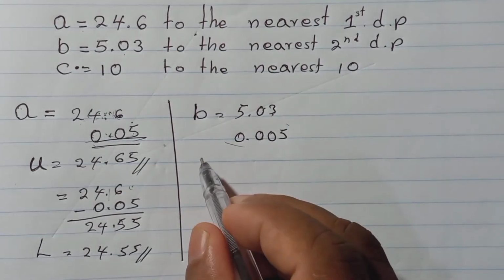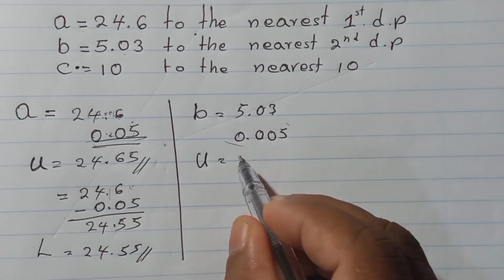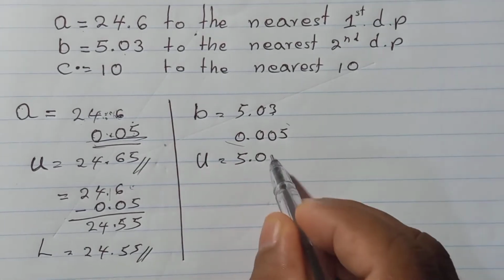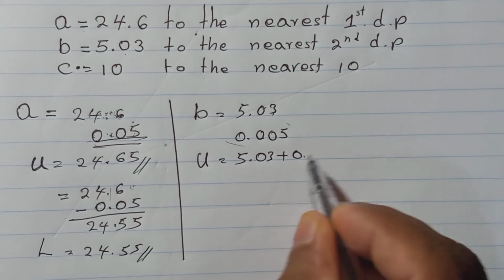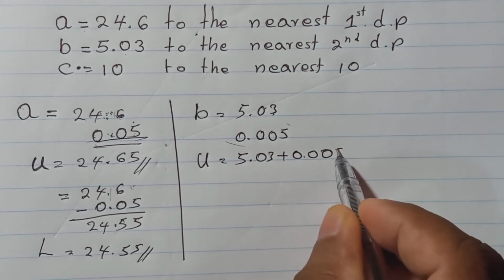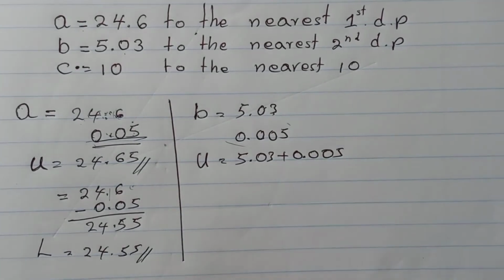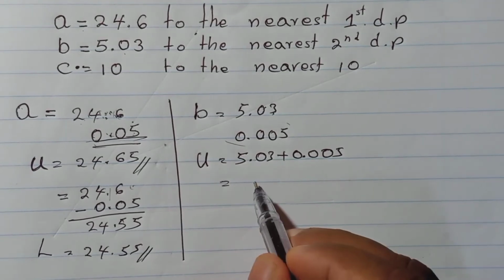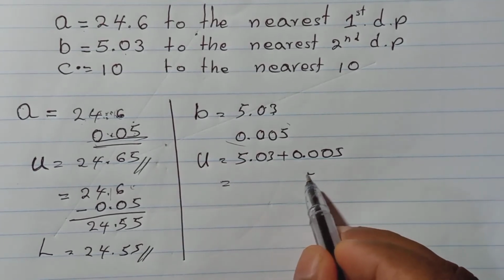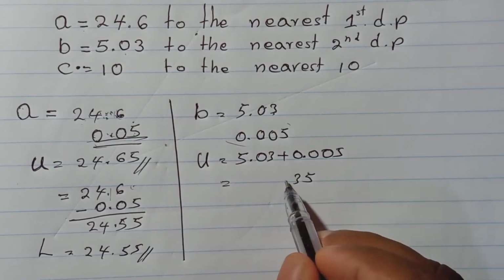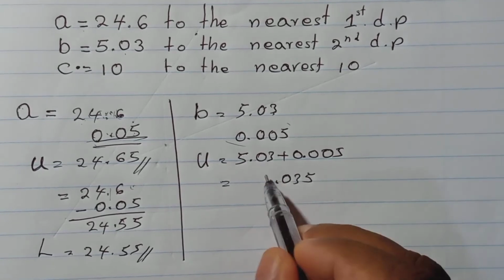I will do that. To get the upper bound, 5.03, I will add 0.005. What will be the answer? Here will be 5, 3, then 0, and here 5.